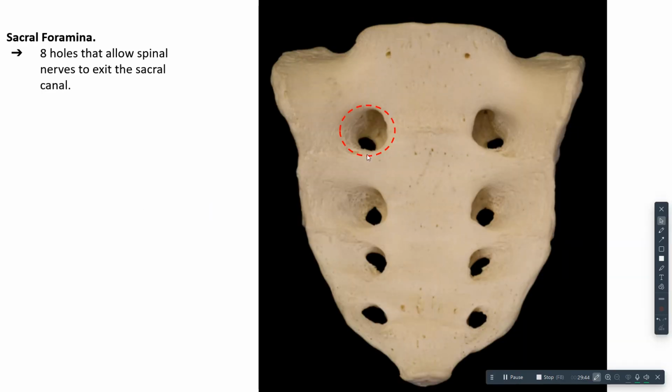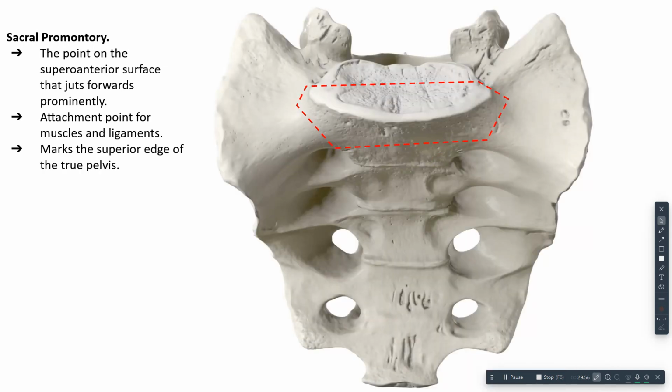Sacral foramina, 8 holes that we see here that are going to allow spinal nerves to exit the sacral canal, which is the space in the middle of it. Now this is the front view, anterior view here, and this is the superior part.